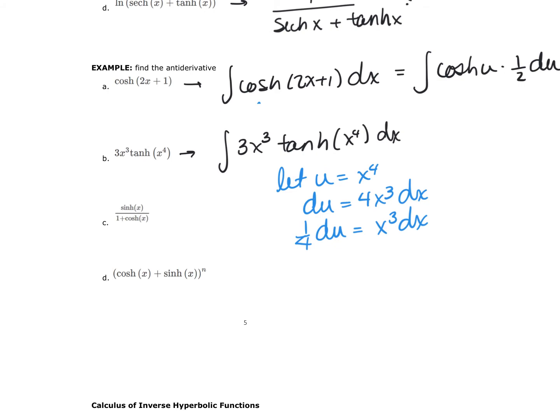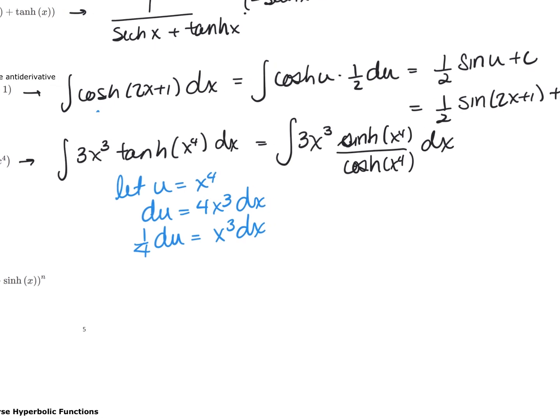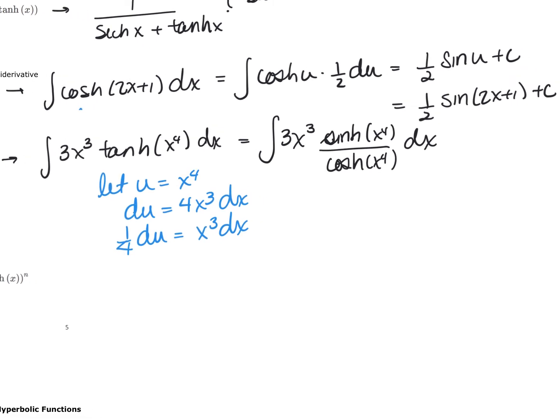Now, I don't have just the tangent. So because I don't have just the tangent as a derivative, then I'm going to rewrite this as the integration of 3x cubed, and I have the hyperbolic tangent. I'm going to write that as a hyperbolic sine of x to the fourth divided by the hyperbolic cosine of x to the fourth dx, which means I'm going to actually change my u sub.